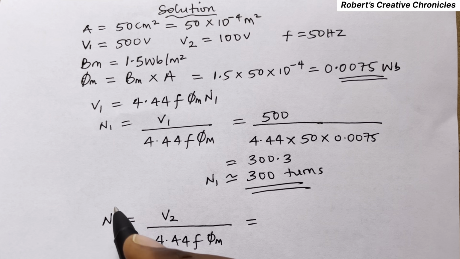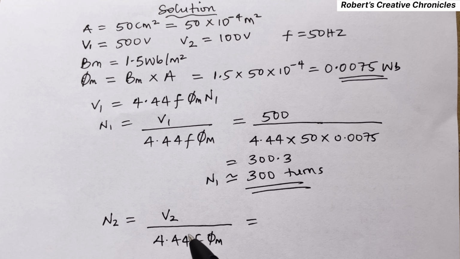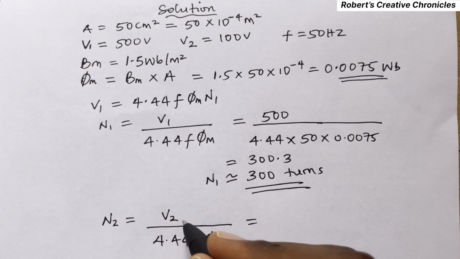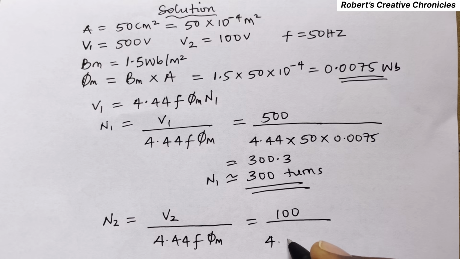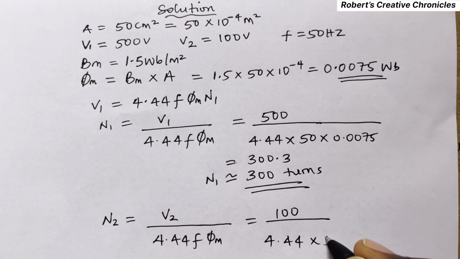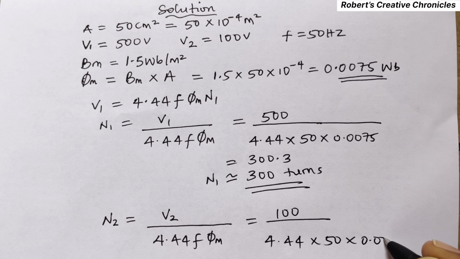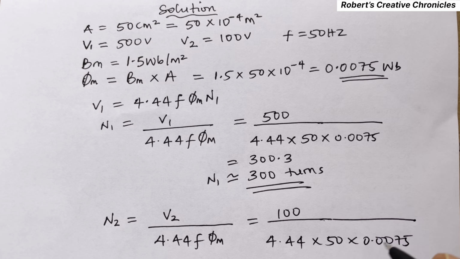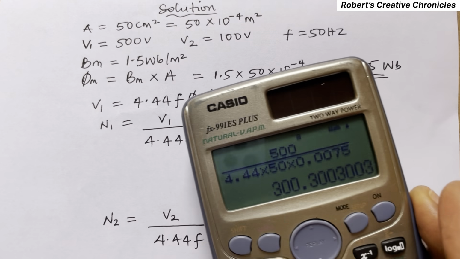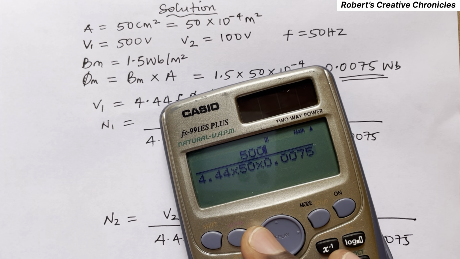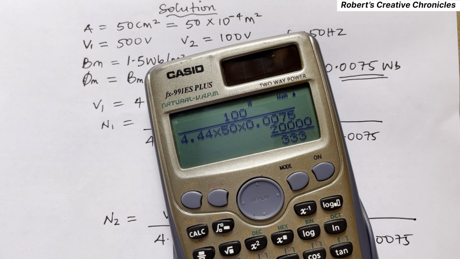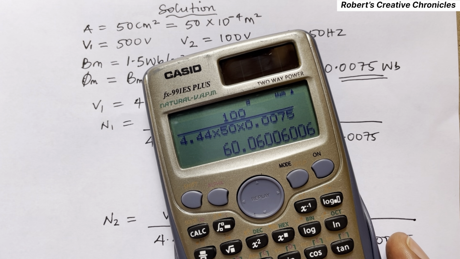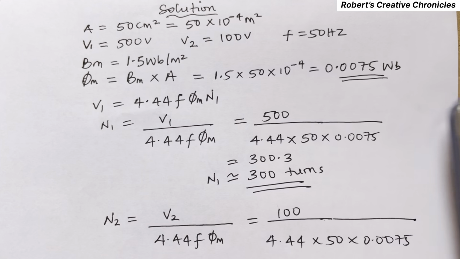Now we'll find the number of secondary turns. And we'll use the secondary voltage, which is 100 over 4.44 times 50 times 0.0075. So this is 60.1, which is approximately 60.